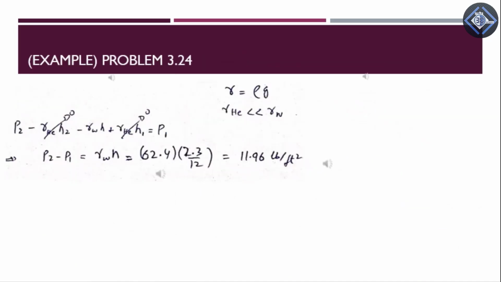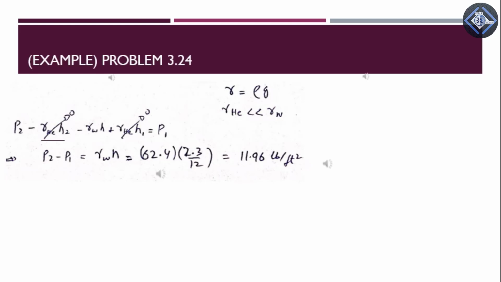To evaluate the pressure difference p2 minus p1, we can apply the hydrostatic pressure distribution analysis inside the pitot static tube. Going from point 1 to 2, the fluid is at rest if we travel inside the pitot static tube. So if we assume the pressure p2 to be known, starting from p2, if we go upward inside the helium, the pressure decreases by gamma of helium times h2.